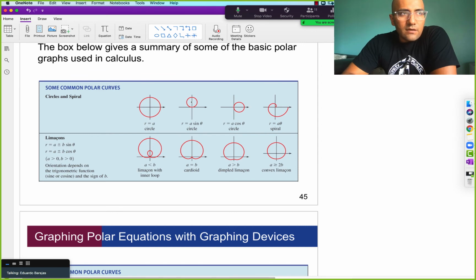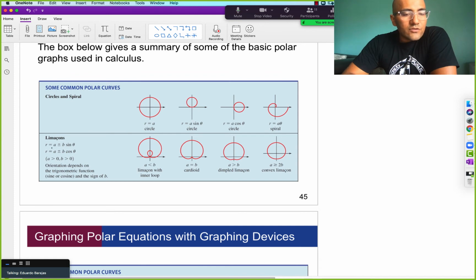Now this is pi over 2. And then when we have a constant a cosine of theta, we're going to get a circle centered somewhere on what we used to consider the x-axis. Good. r equals a theta is just going to be a spiral. We should have done one of those. Those look cool.